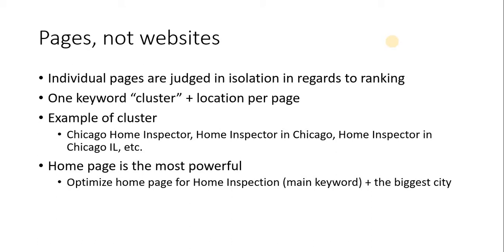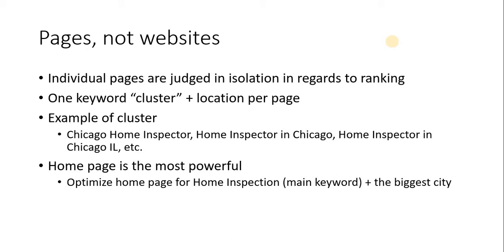And I'm not going to go into detail here, but there's something called keyword cannibalization, where if you put too many of the same keywords on different pages, Google has no idea what page should be ranked first, and sometimes they just won't rank any of it, or they'll rank you lower. So you basically want to pick one page, and we'll get to that in a moment, and then you want to optimize that for a single keyword cluster, right?